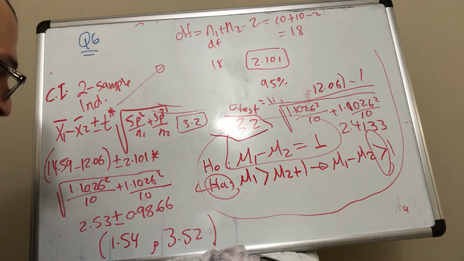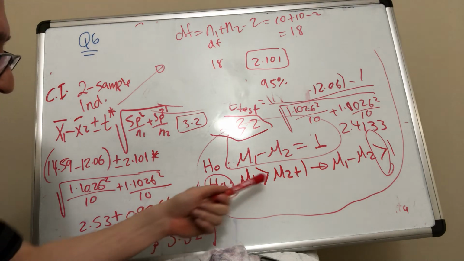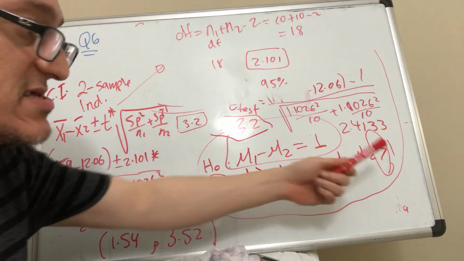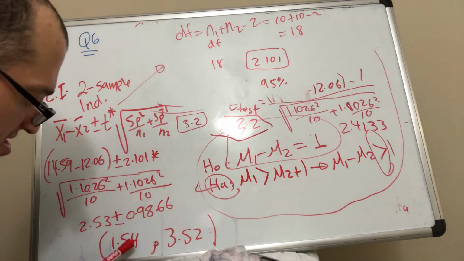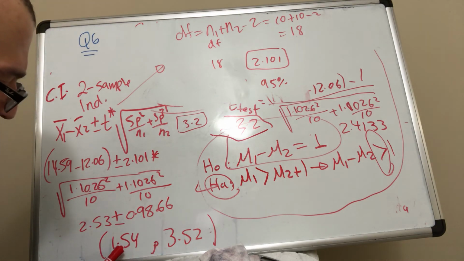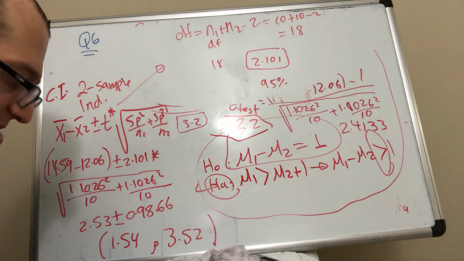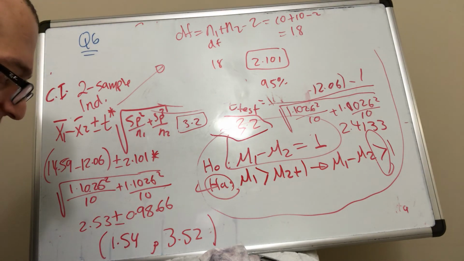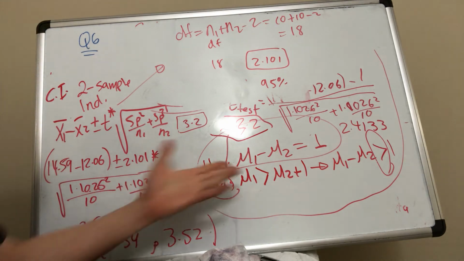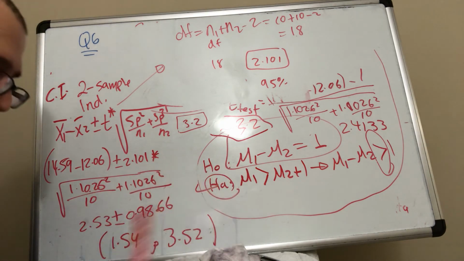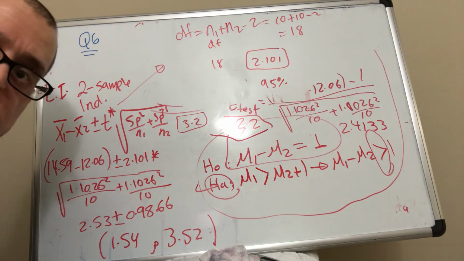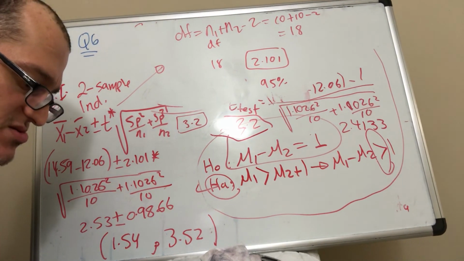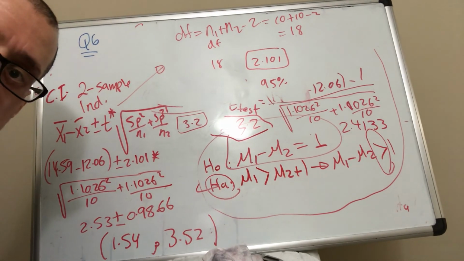Now, remember when we proved earlier that the difference between them must be more than 1? This proved the same thing. Here, the difference is between 1.5 and 3.5. If it's between 1.54 and 3.5, it must be more than 1. So both prove the same thing. So I'm gonna stop this video now. I'm gonna come back to do another video for the next question.